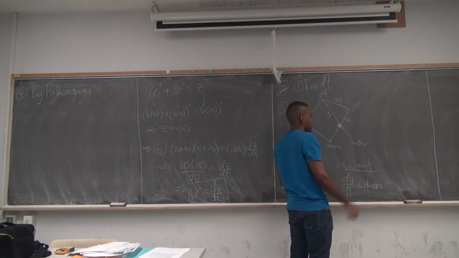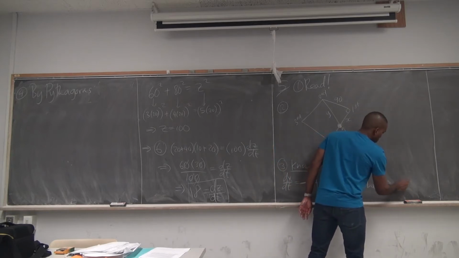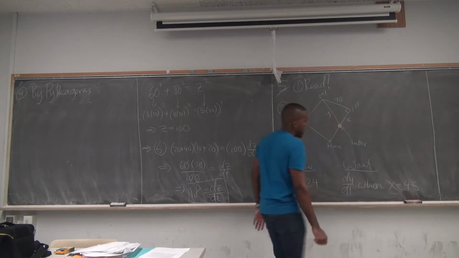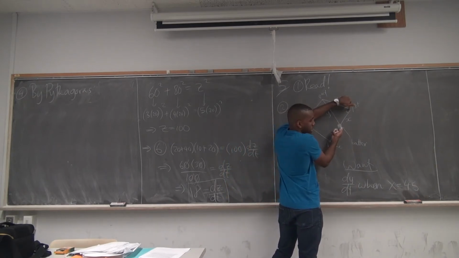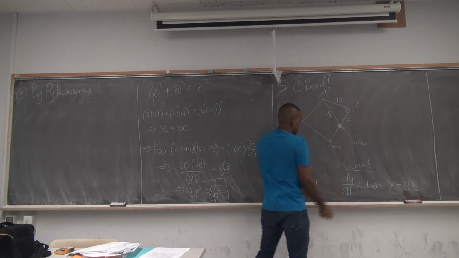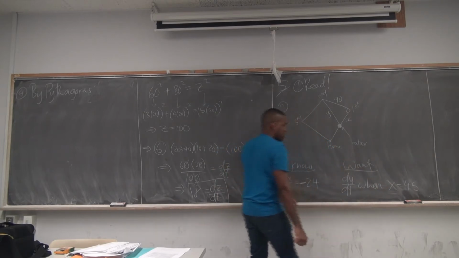Okay, but who's the 45? X is the 45. Right? It says when he is halfway to first base, which means x is measuring his distance from first base. If he's halfway, that must be 45. So this is what I know. It has to be negative because it's decreasing. And this is what I want to find.